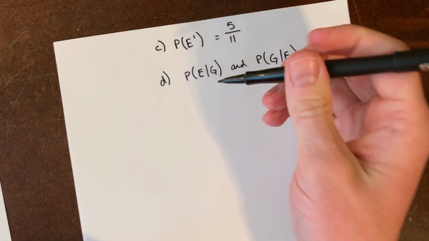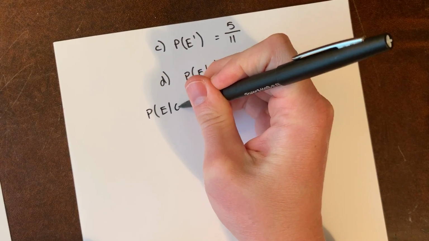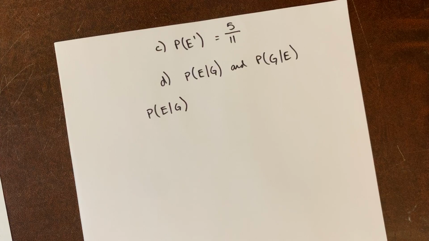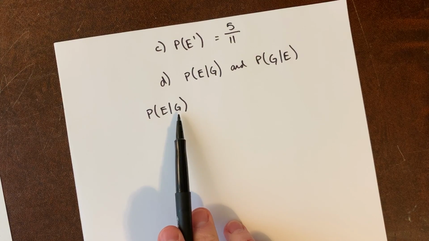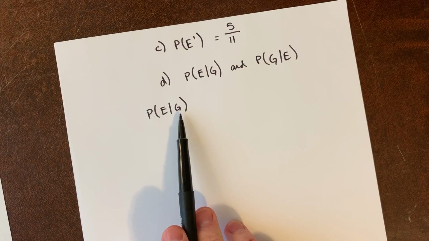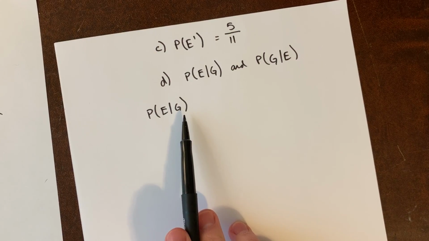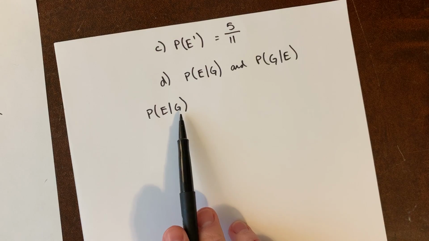All right, so we'll look at E given G. So what this means is that we know the student is taking geography. This is given to us. So it lowers our set of total people in the problem. We know that the student is taking the geography class.